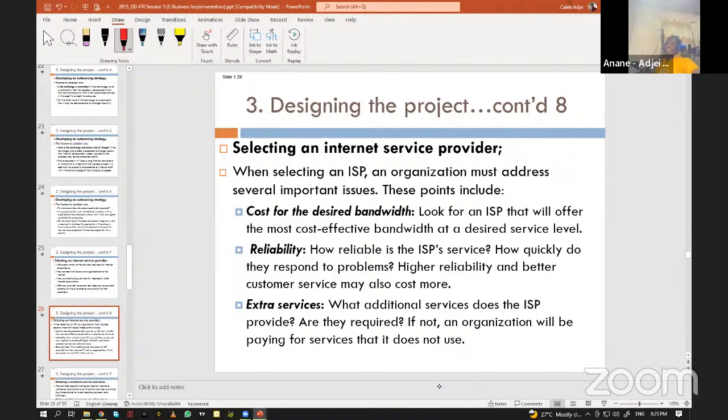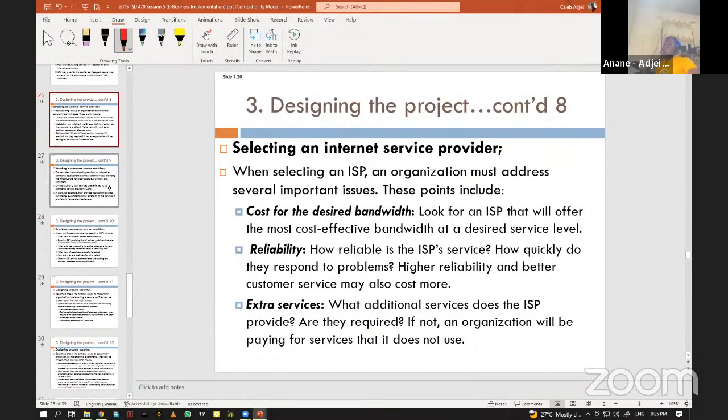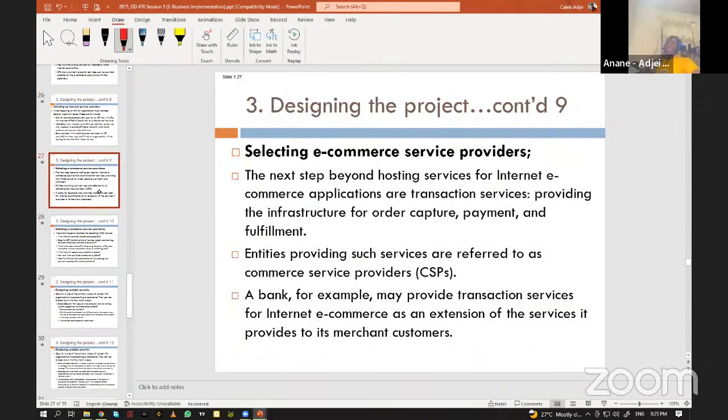They tell me the full package is, let's say, 300, but they can give me the sports channel for 150 cedis a month. Then I'll just stick to my sports, so that I don't pay for channels I don't need. It is the same thing with our internet service providers. We need to find out what type of services we need so that we don't pay for what we don't need.